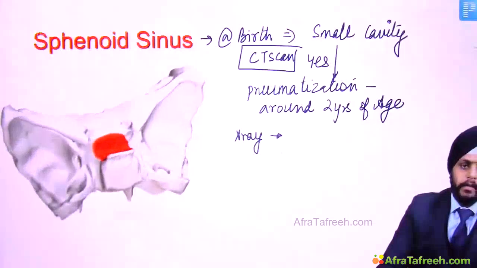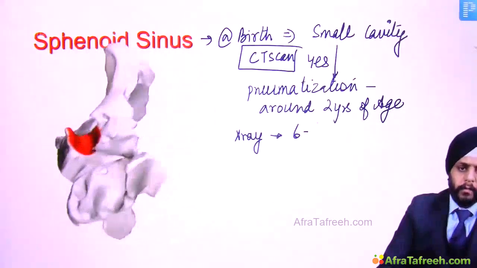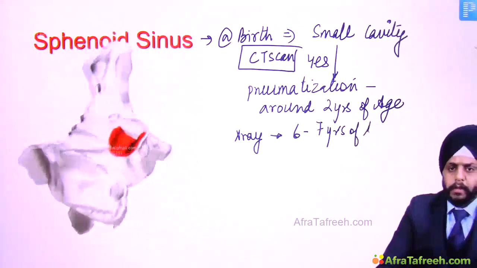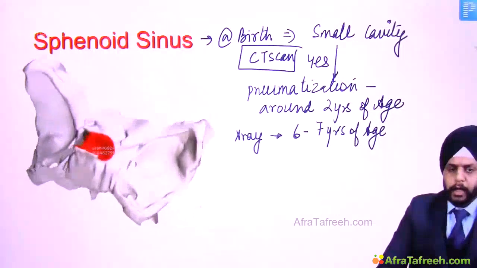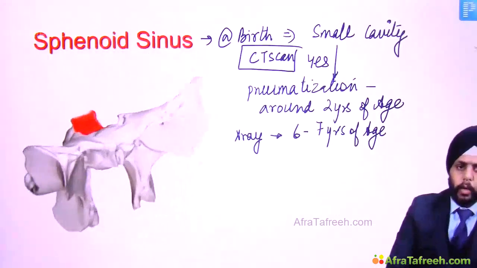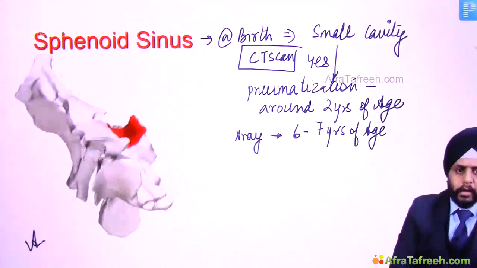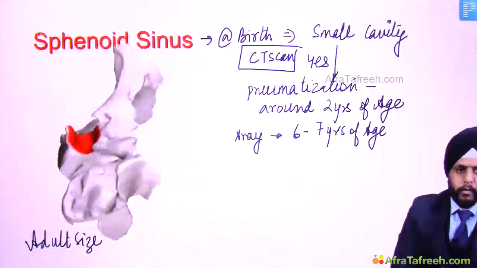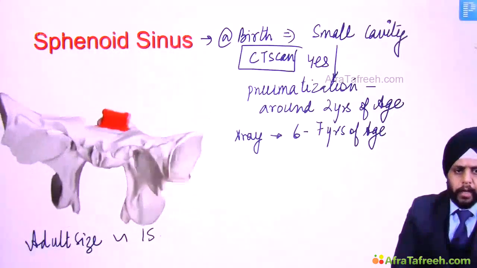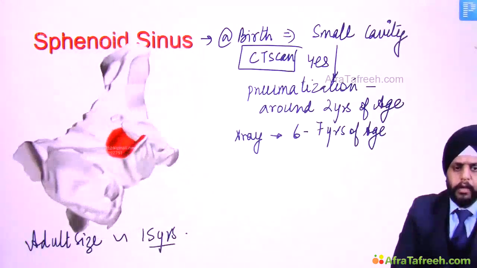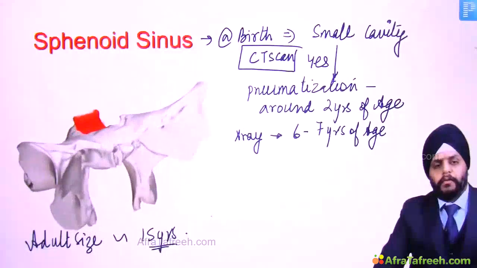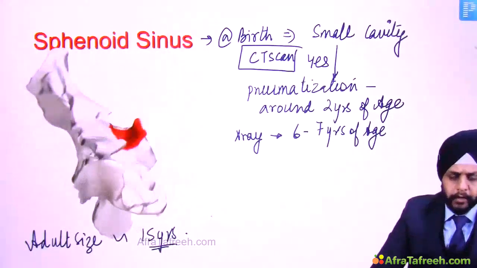This sinus is therefore visible on a plain X-ray by 6 to 7 years of age. And the next question, when does this sinus reach adult size? It reaches adult size by approximately 15 years of age. So that was a little bit about the sphenoid sinus.